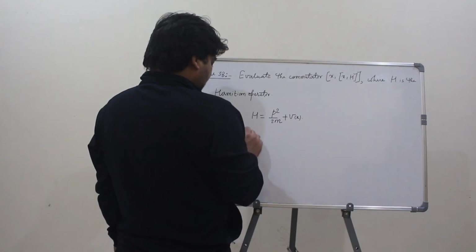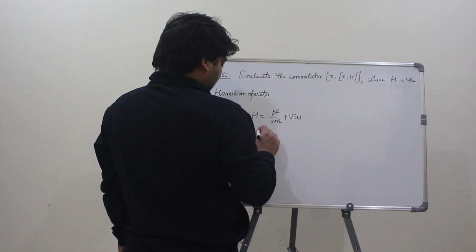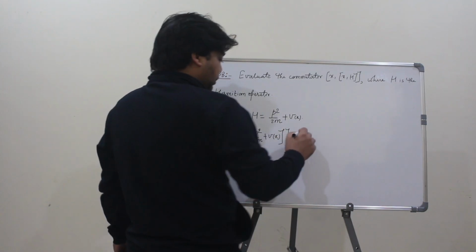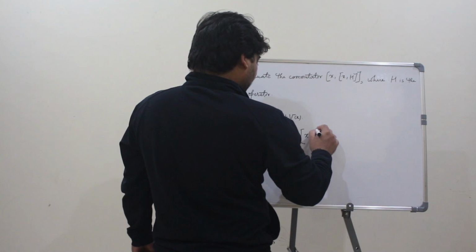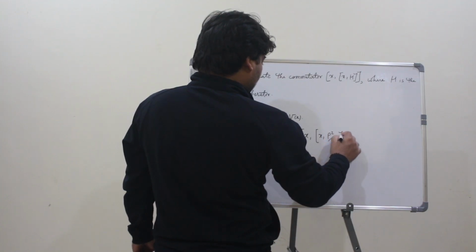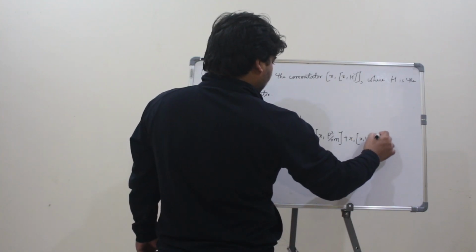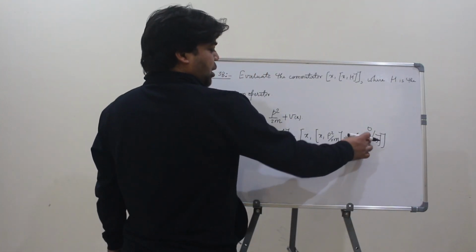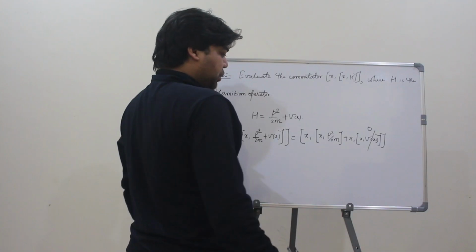Now let us calculate this commutator based on this. So it gives you the commutator of x with p square by 2m plus V(x), which is the commutator of x with p square by 2m plus the commutator of x with V(x), right? This gives you immediately 0, and you know that the commutator of quantities which depend on the same variable is 0, right?